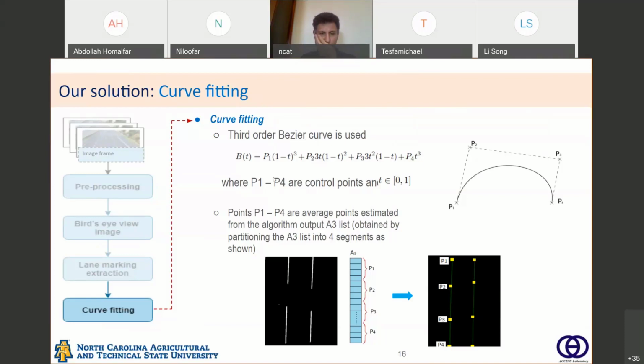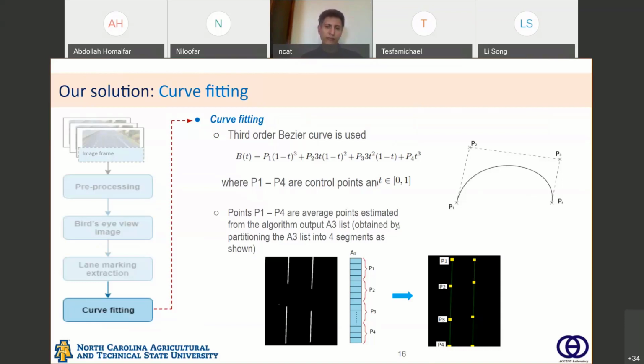So a third-order Bezier curve is given by this expression, and the parameters P1, P2, P3, and P4 are called the control points. Especially the parameters P2 and P3 determine the shape of the curve, whereas P1 and P4 are simply the start and end points.